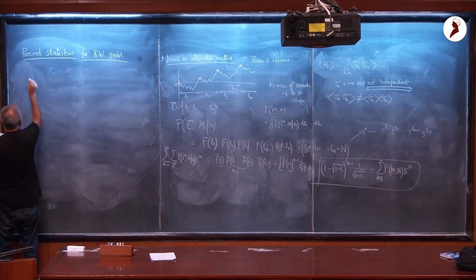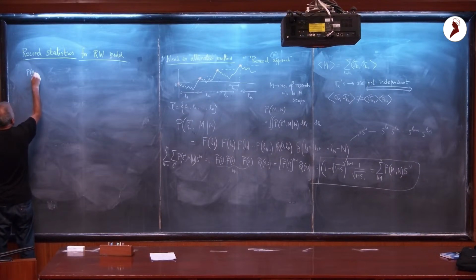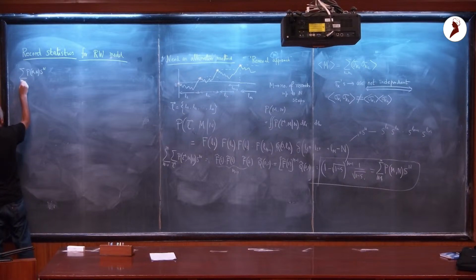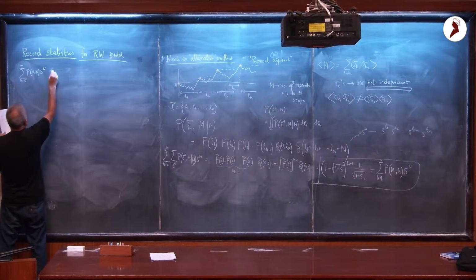So the main result is that the sum over m of P(m, n) s to the power n, sum over n from 0 to infinity, is equal to this.